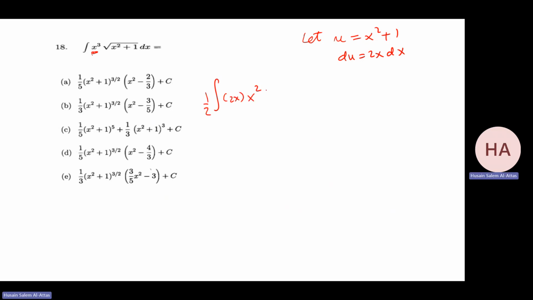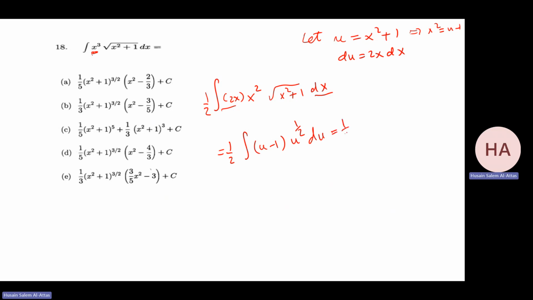I need x squared, and this is remaining x squared plus 1 dx. Now, if this is u, so x squared is u minus 1. So I have half this with this du outside, x squared, u minus 1, u to the power half du.